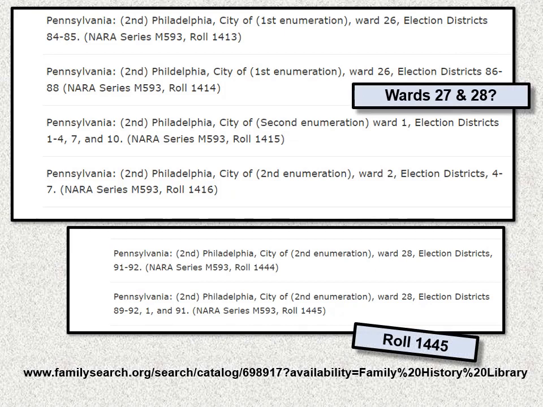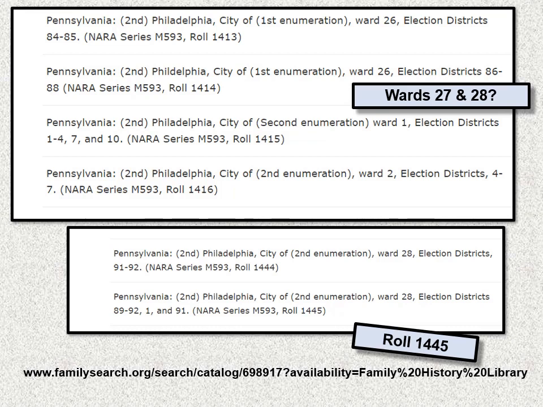And you see on the top that we have Ward 26, the first enumeration, and then it jumps from roll 1414 to 1415 to the second enumeration. Well, Philadelphia has wards 27 and 28. What happened to them?